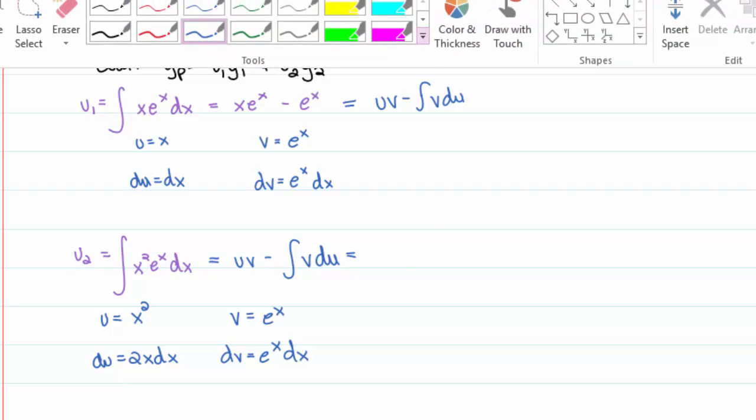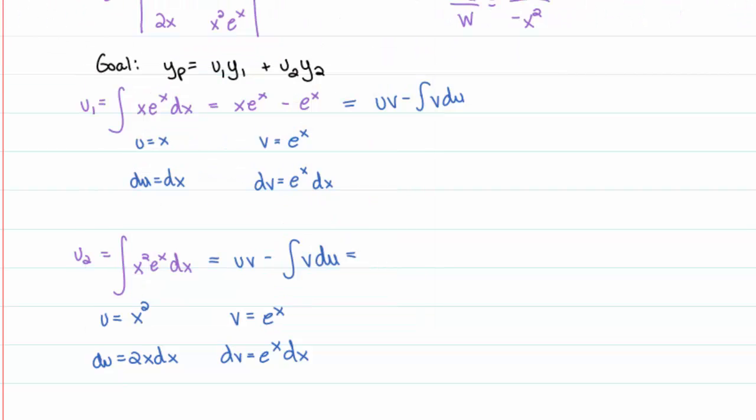or in other words, getting my pen colors back, x squared e to the x minus the integral of 2x e to the x dx, or in other words, x squared e to the x minus twice the integral of x e to the x, but we just have done that one. That's going to be x e to the x minus e to the x, and you can now distribute.